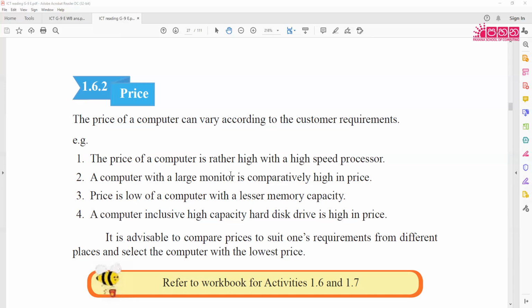So likewise, we have to decide depending on our requirement whether we go for a higher price or a lower price. With that, I think we cover the material for activities 1.6 and 1.7. So let's go to the workbook and start working on the activity.